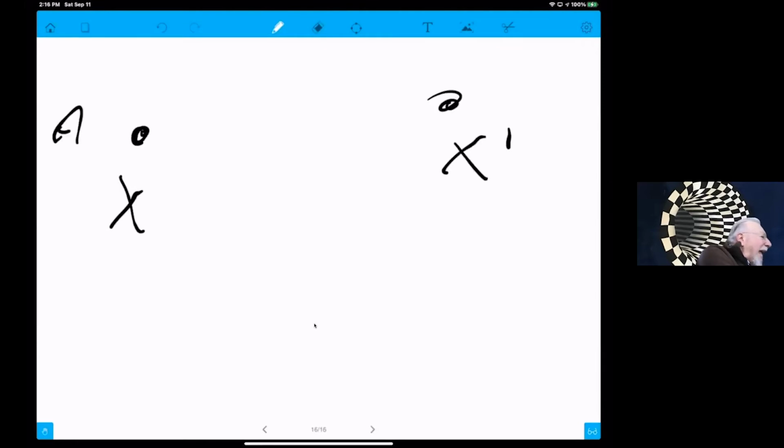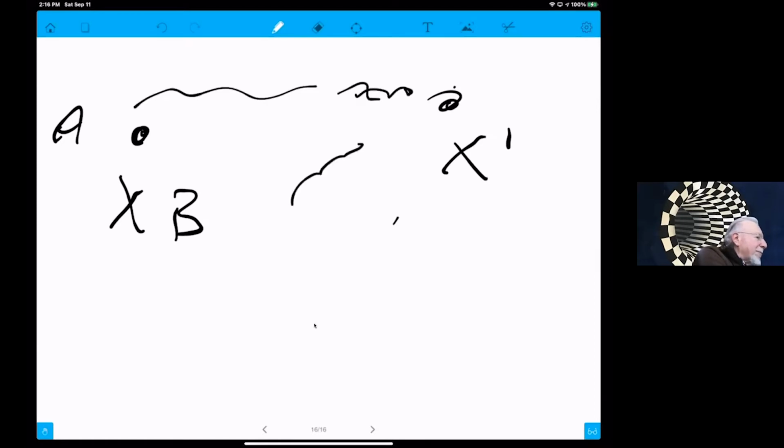I'll call it Alice and Bob. This is what I want to do. Alice and Bob, but they're using light signals.